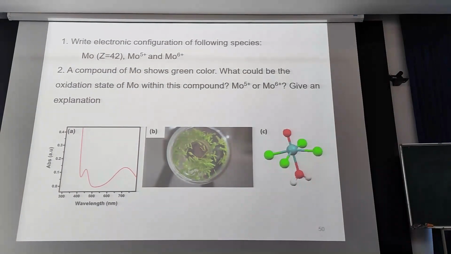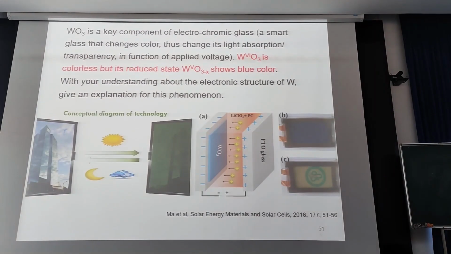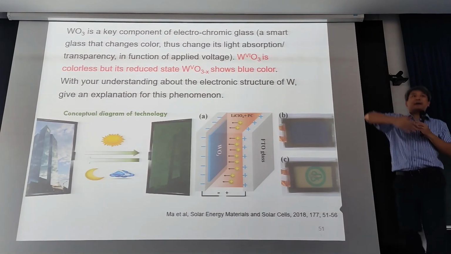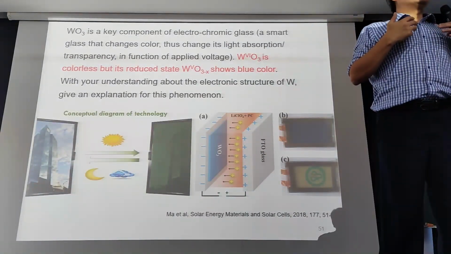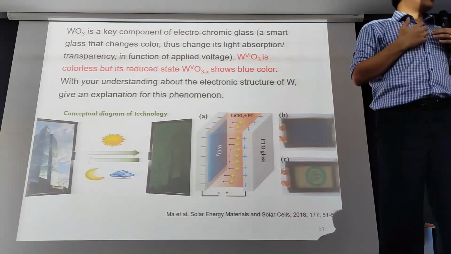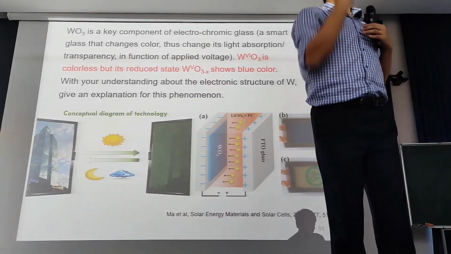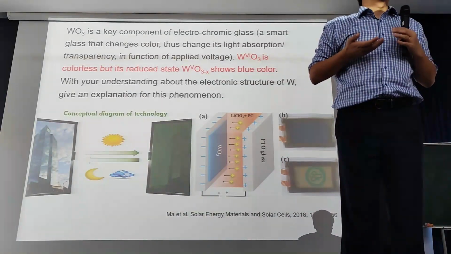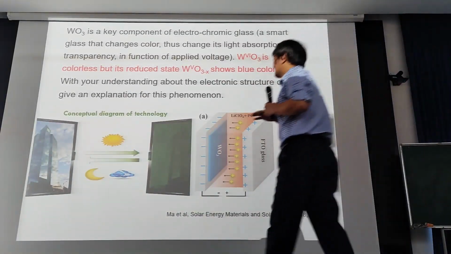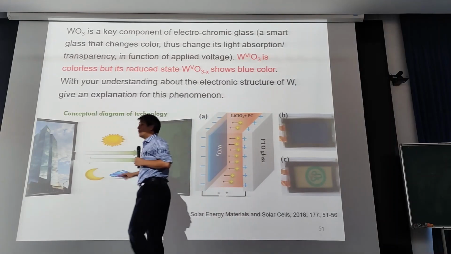Another question, more important, before we close. You see that nowadays some high buildings have windows, right? And during the daytime, you have the sunlight. So when the sunlight hits our building, the temperature inside will increase, right? So one of the possibilities is that they use what we call the smart window.